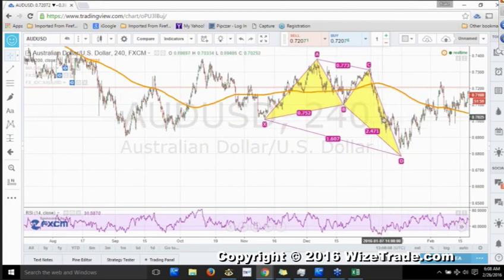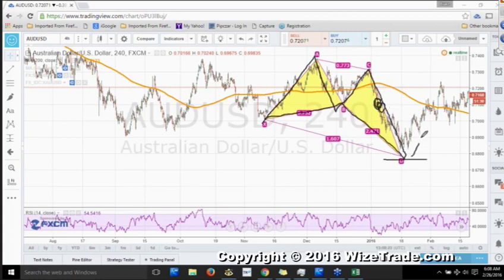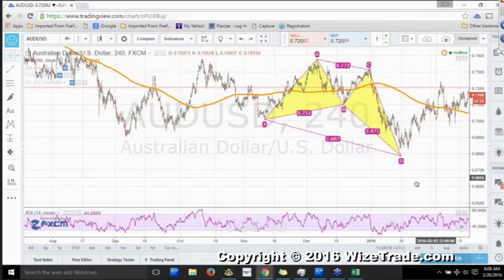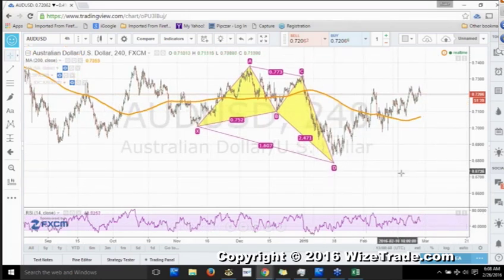We only had made this much of data at that point. We were right here. And I said, I bet this is a butterfly, and we're going to hit new trend lows in reverse. And that was the last time I looked at the Aussie via TradingView. And an interesting thing is that it happened exactly like that. Wow.